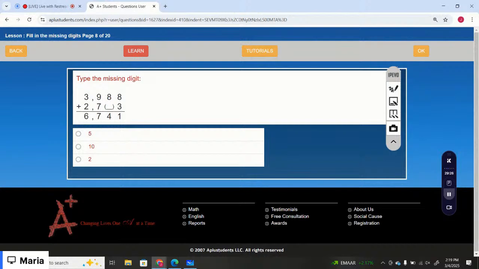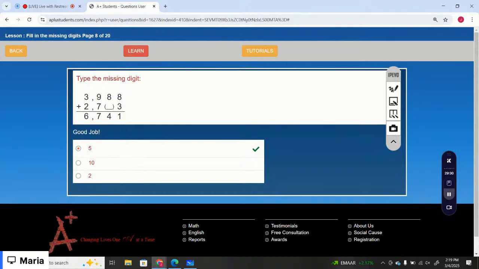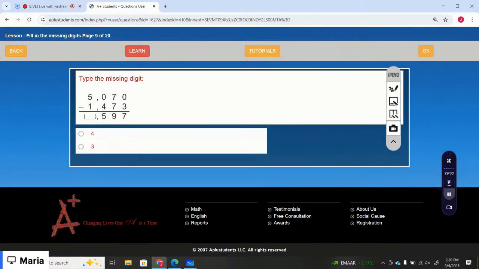The missing number is 5. Yes, 8 plus 5 is 13 and 1 is 14. So the missing number is 5. Very good. Type the missing number, which is the correct option.